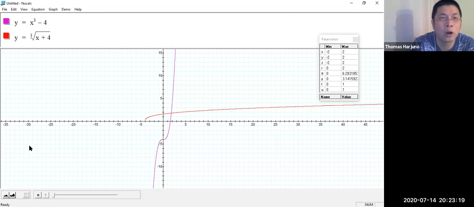My computer will deal with this radical only when the radicand is positive.